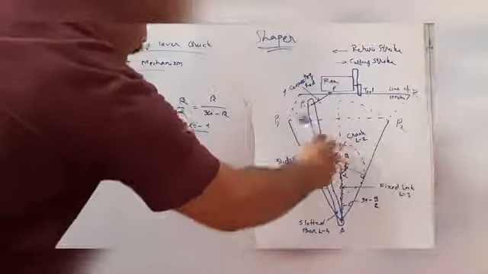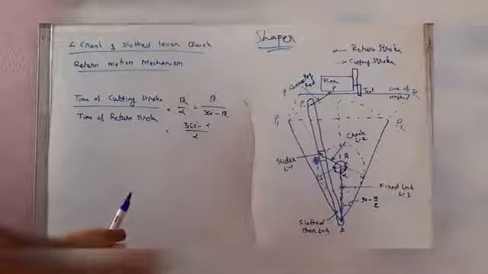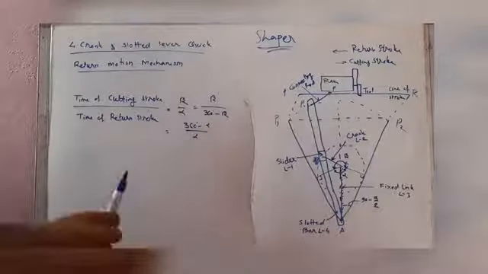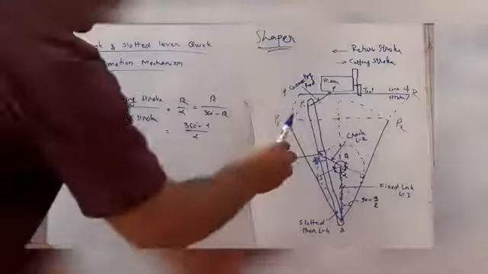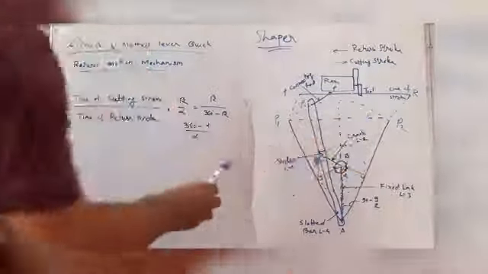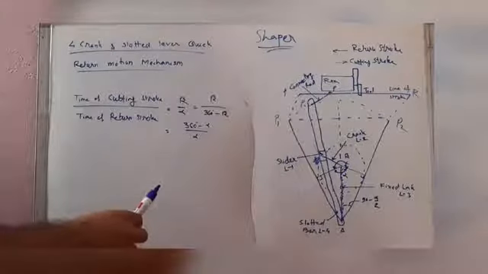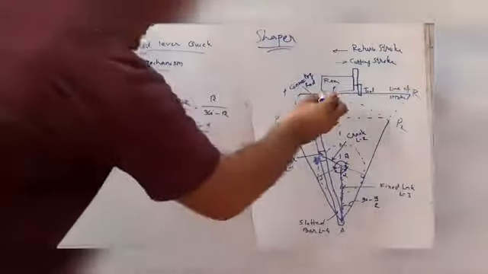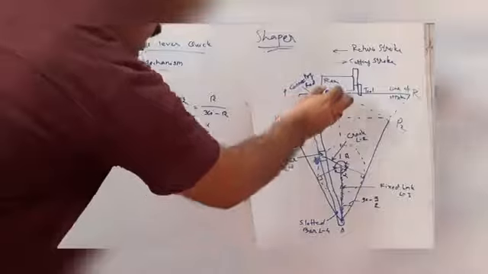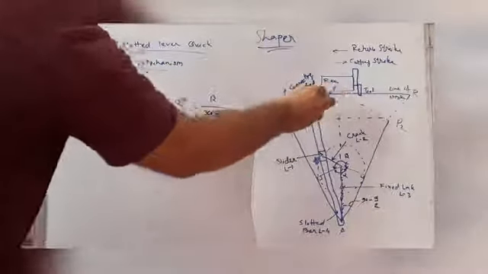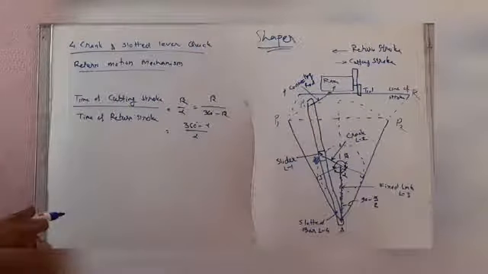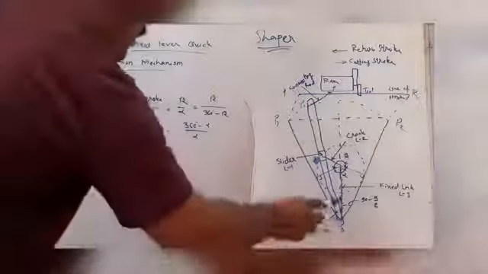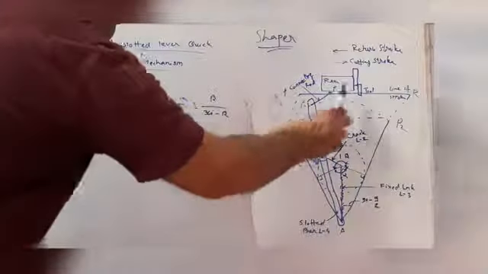A short link PR, this one is PR, is the connecting rod, which transmits the motion from AP to the ram.